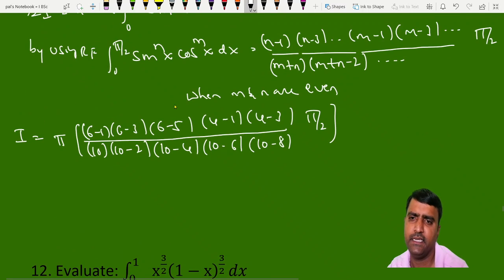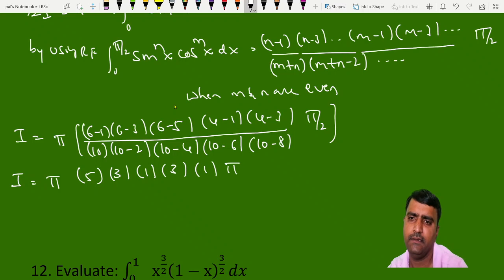So I is equal to pi into 5 into 3 into 1, 3 into 1 into pi, divided by 10 into 8 into 6 into 4 into 2 divided by 2.